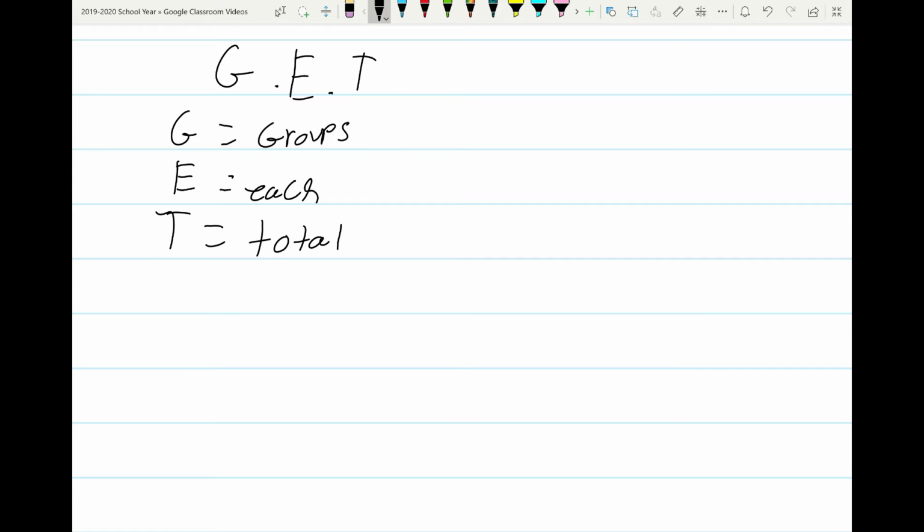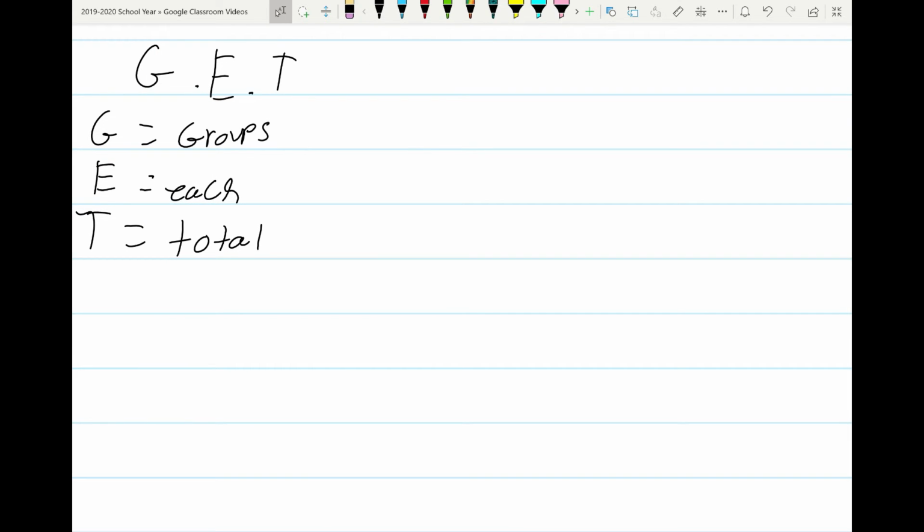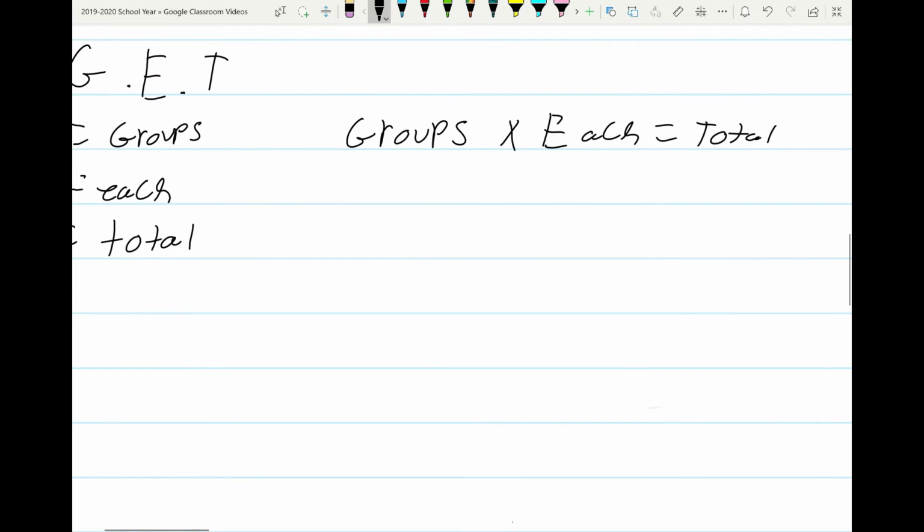Each means how much is each person, each group, going to get, and total means I have a total amount of certain objects. So groups times each would equal my total, okay?